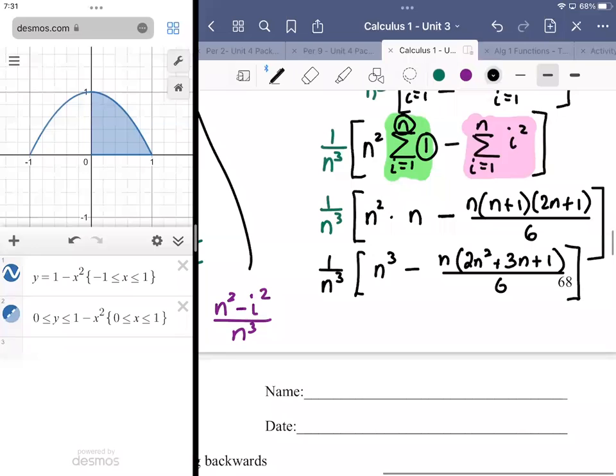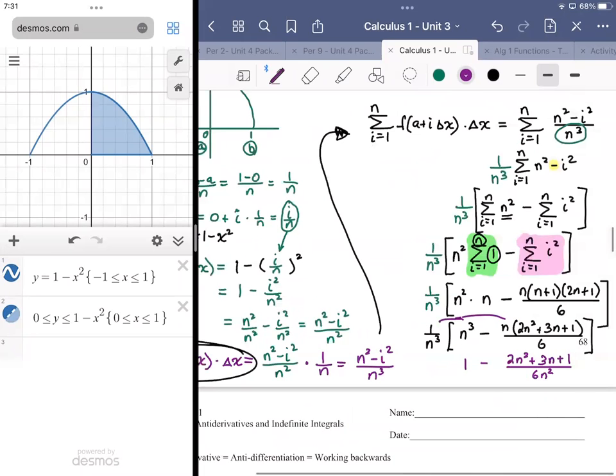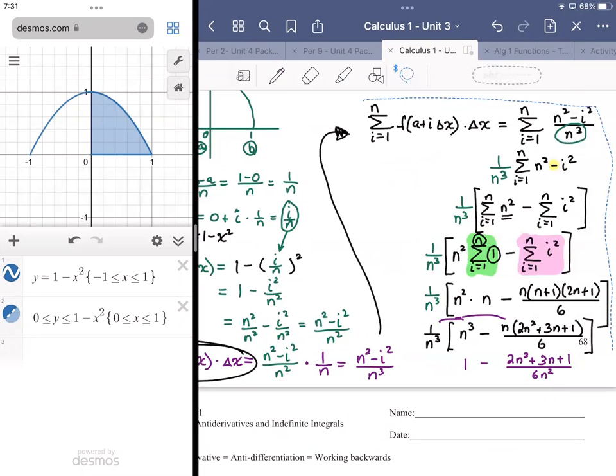If we distribute through the 1 over n cubed, we would get 1 minus 2n squared plus 3n plus 1 over 6n squared, sorry. And that's what we would need to find the limit of.